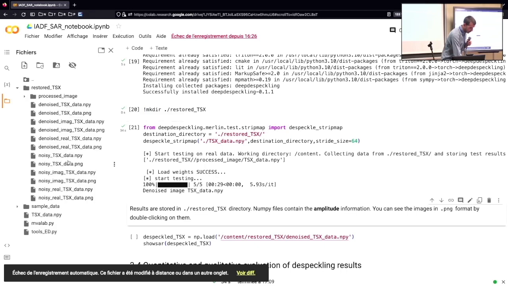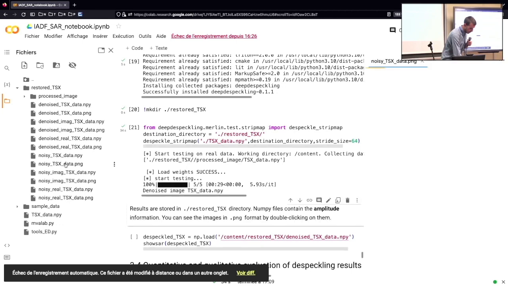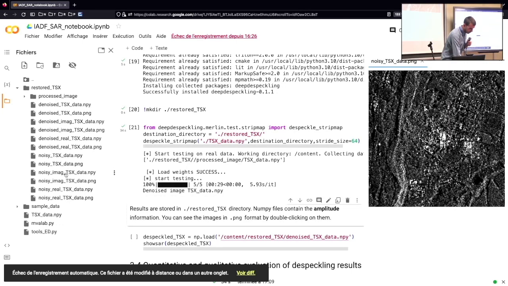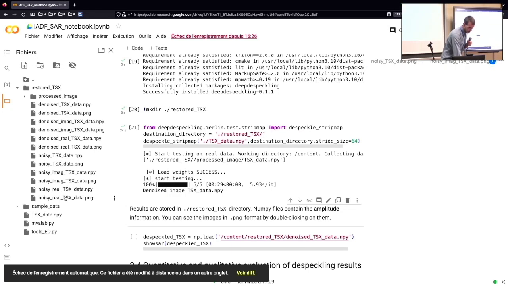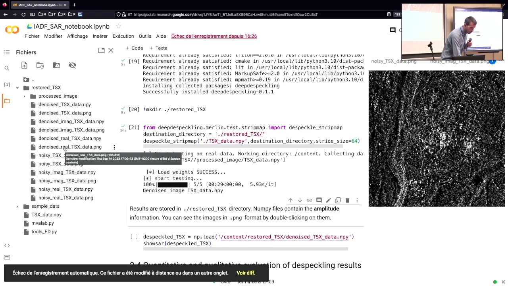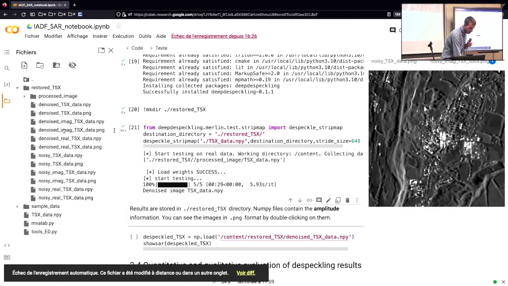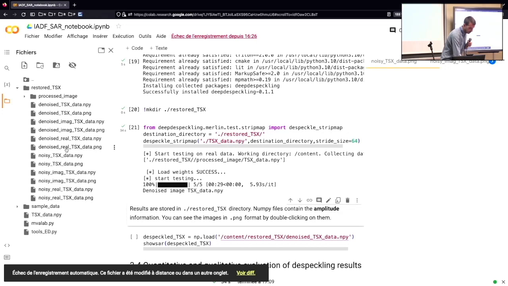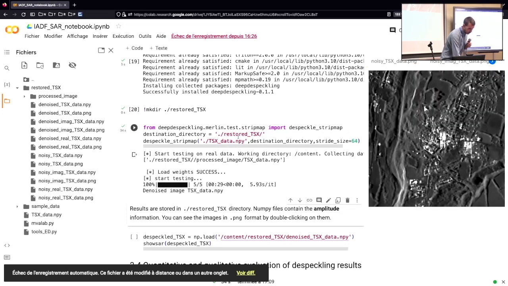So you can have a look at the noisy image, at the imaginary part, at the real part, and then you can have a look at the intermediate estimation that is provided from the real part, which is denoised. Here for the imaginary part, here for the real part, and finally you have the final estimation.